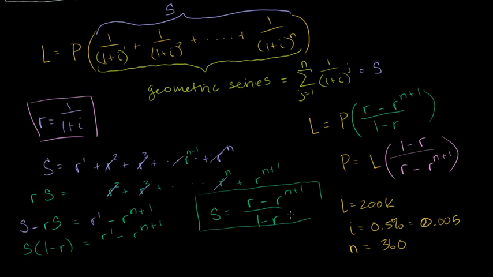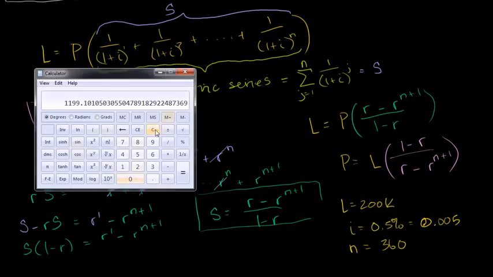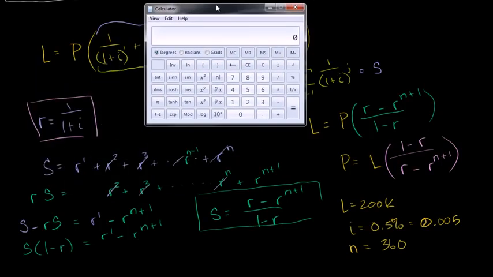So the first thing we want to do is figure out what our r value is. So r is 1 over 1 plus i. So it's 1 divided by 1 plus 0.005. That's what our monthly interest is, 0.5%. And close parentheses, and that is equal to 0.995.